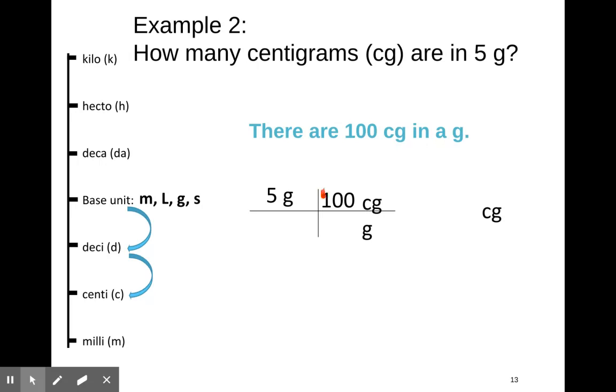After that, the grams are going to cancel out here and here. And now that I'm at my final unit, I can do multiplication up top and multiplication down here, and then divide this by this number. So 5 times 100 is 500 divided by 1, 500 centigrams.